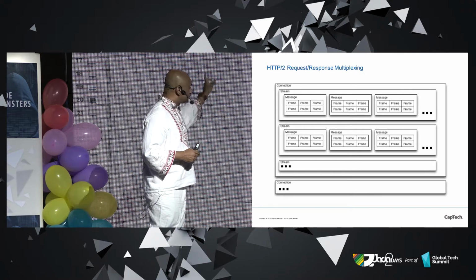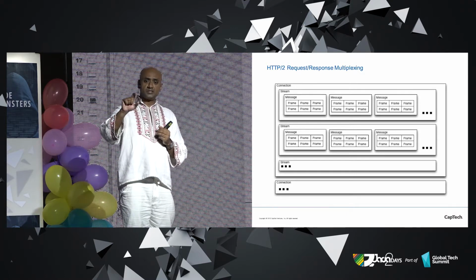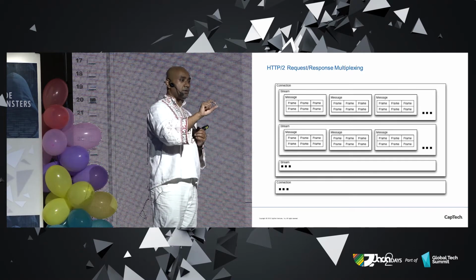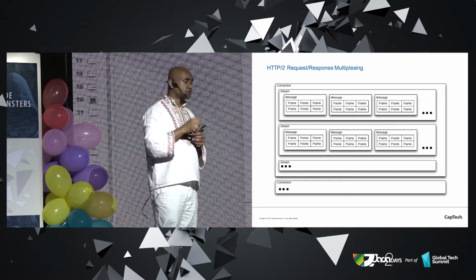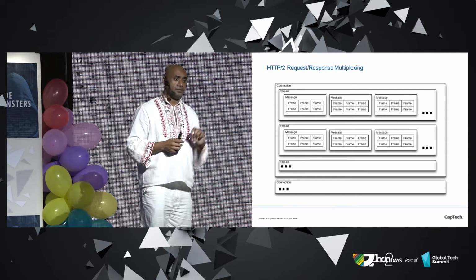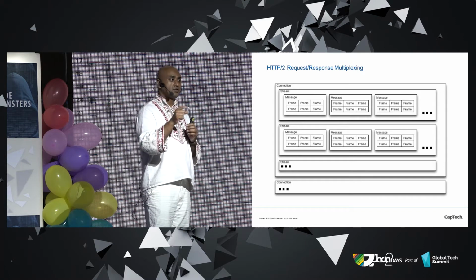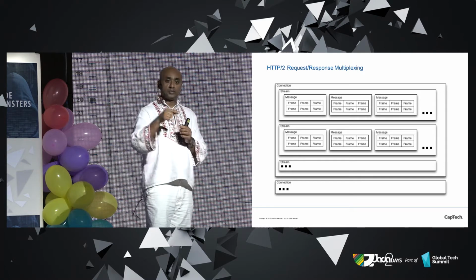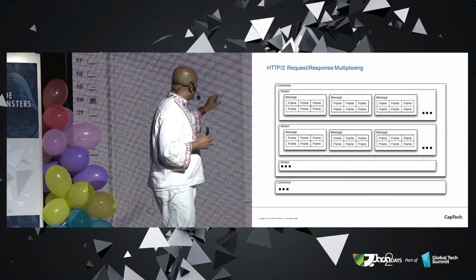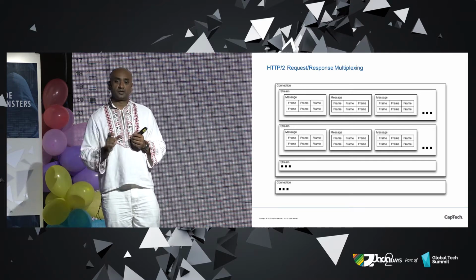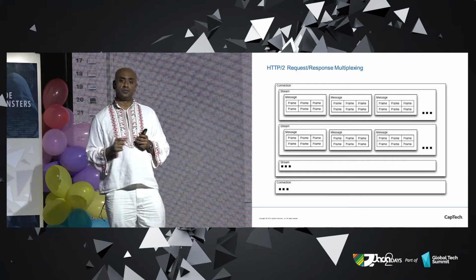And you should think of each stream as essentially a transaction, a request and response cycle. A pair of a request and a response constitutes a stream. Within each stream is a message. So a message is a single action, a request or a response. And that message can even be further broken into frames, small parts of an individual message.